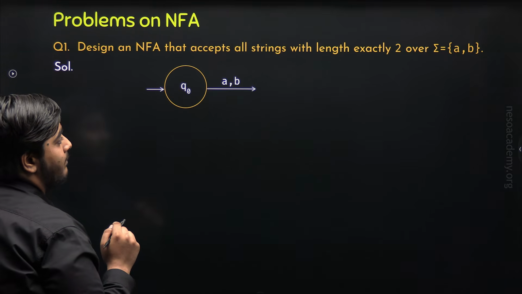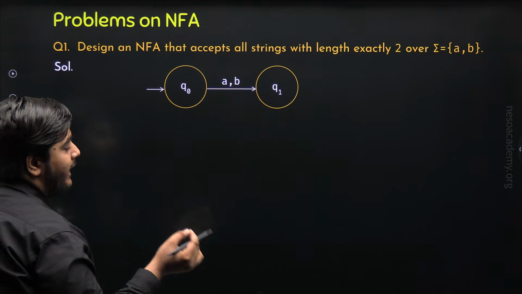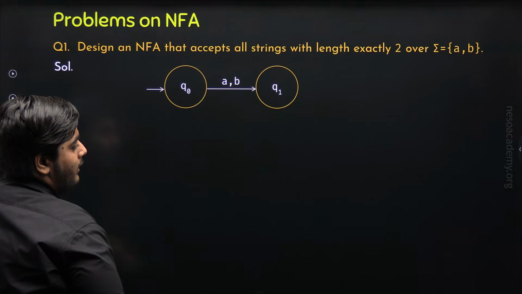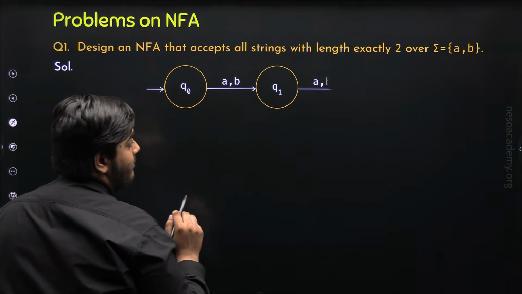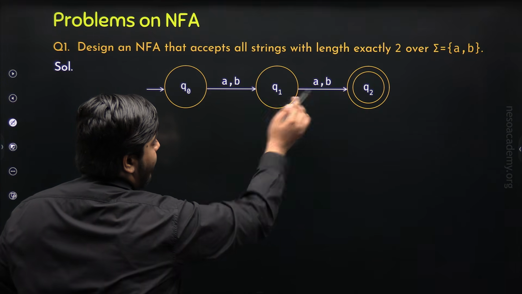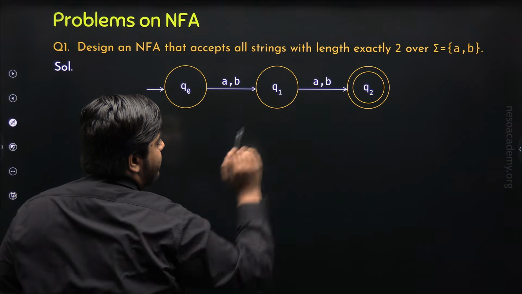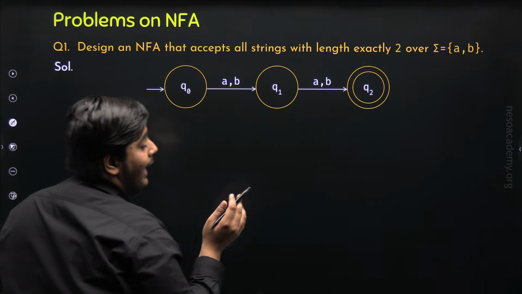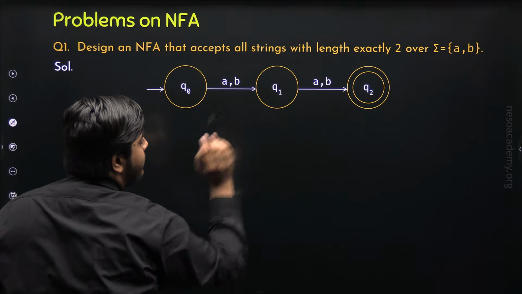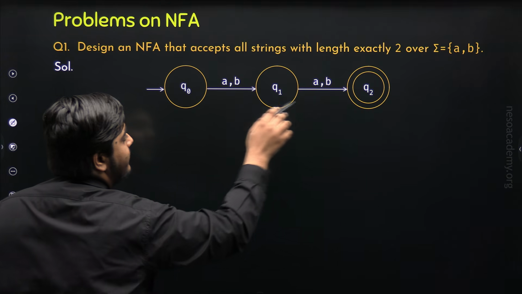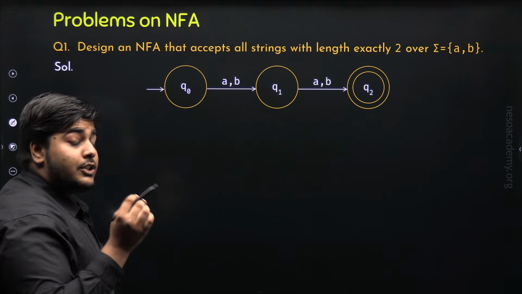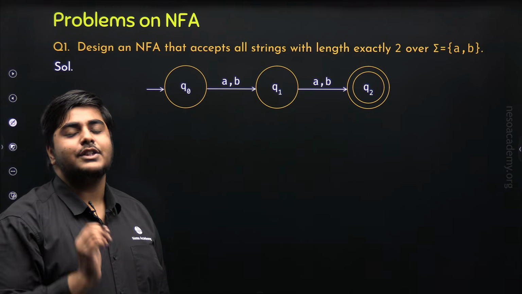On getting the first symbol, which can be either a or b, we will reach the state q1. And on getting the second symbol, which also can be either a or b, we will reach the final state, which is q2. And now our string has 2 symbols. That is why the string is getting accepted. So this is the required NFA for this problem.